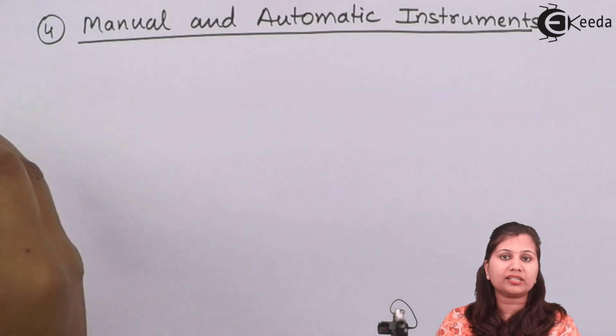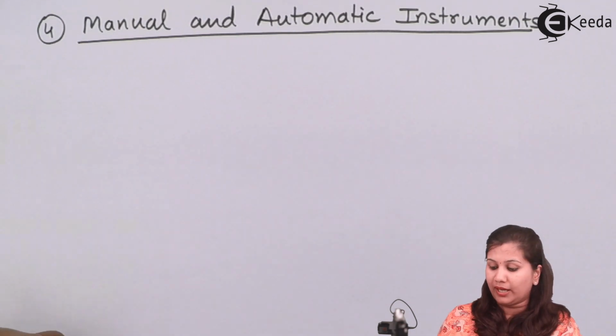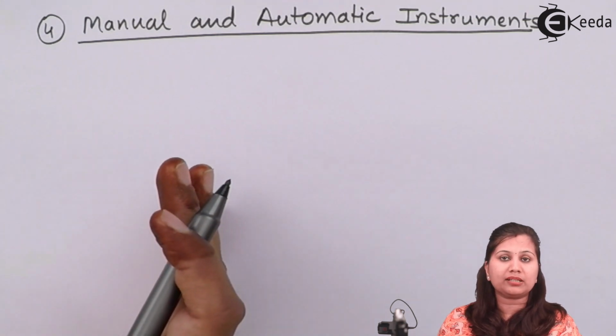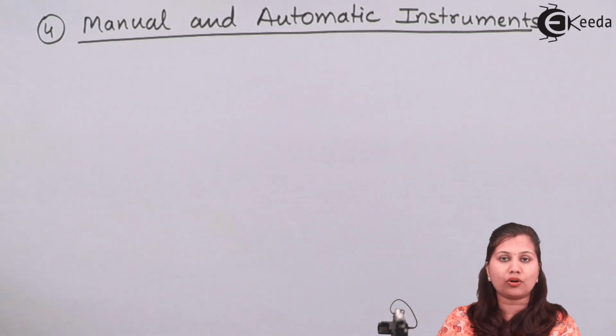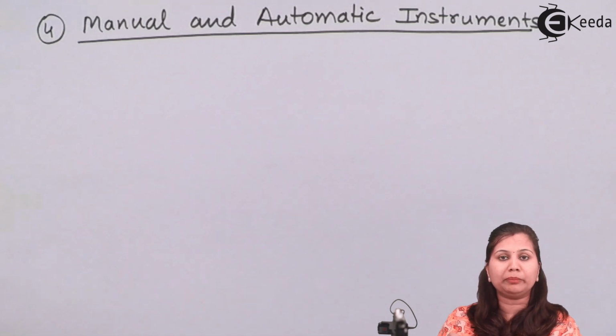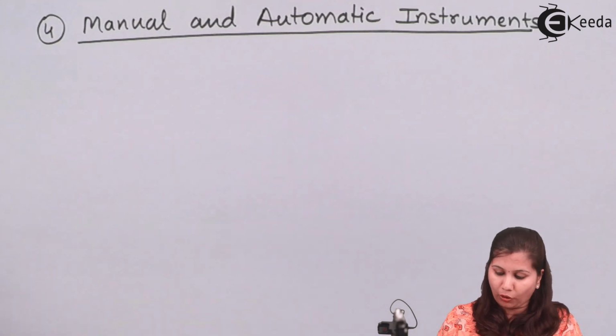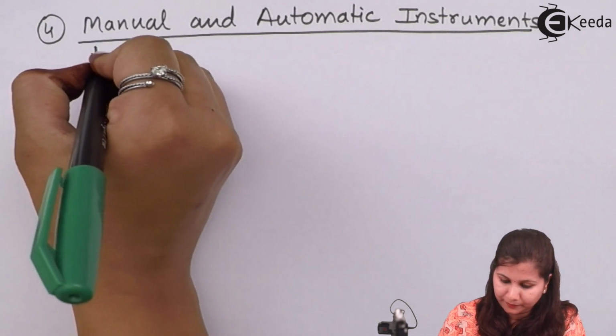So here an observer is always required to measure the values, whereas automatic instruments do not need the presence of an observer. The value will be directly indicated by the instrument.